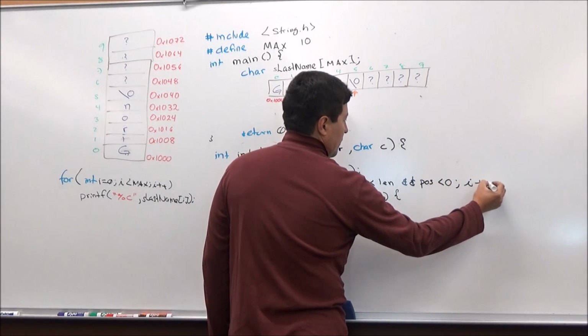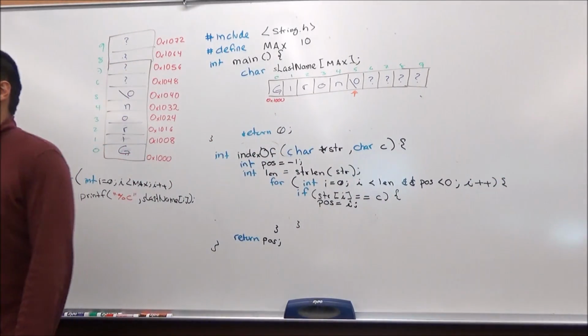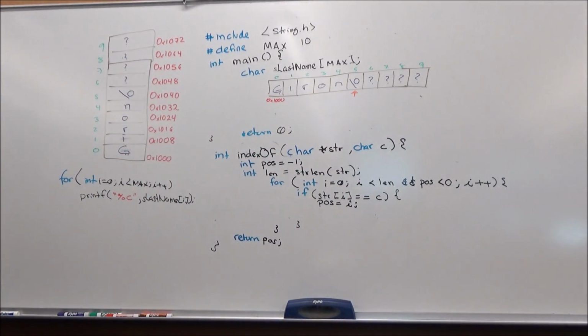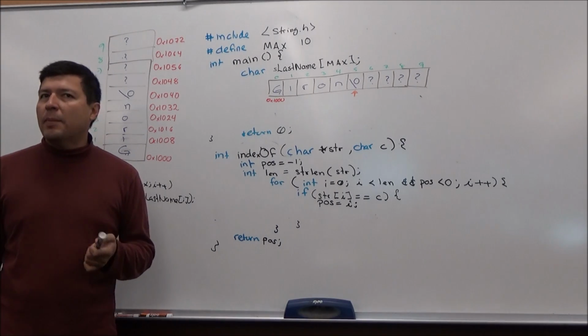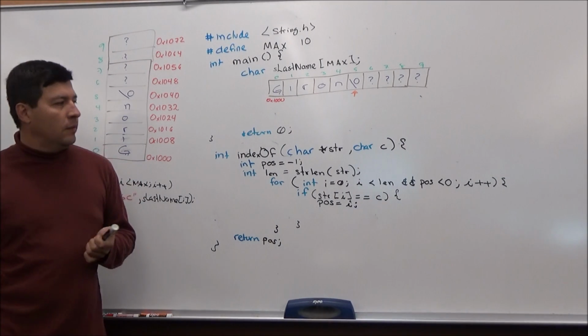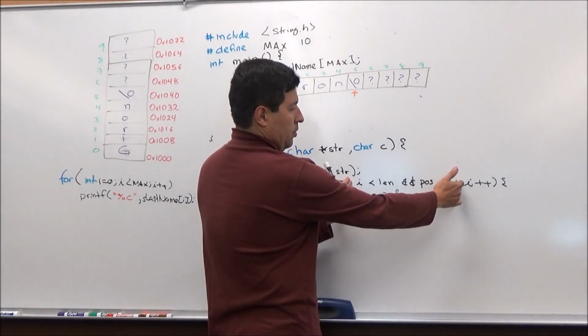I plus plus. I can add a condition here. That'll work too. That's a little bit more elegant. Just remember, the for loop is just like a while loop. It's a pre-test loop. And this is just a condition that you can put inside a while loop.